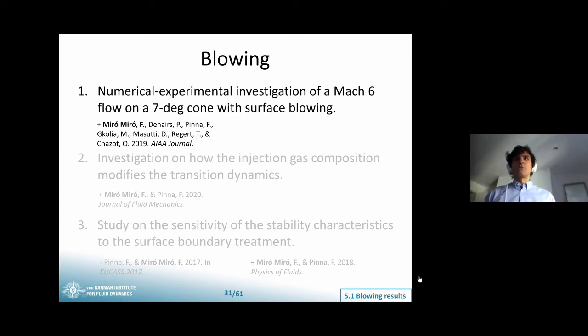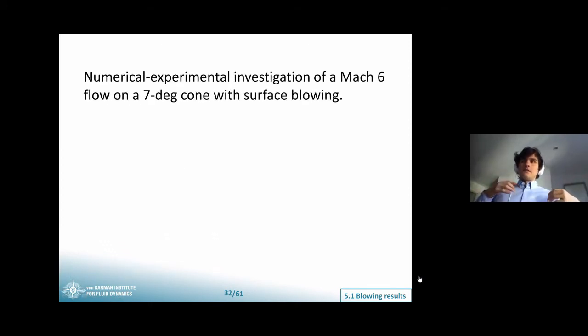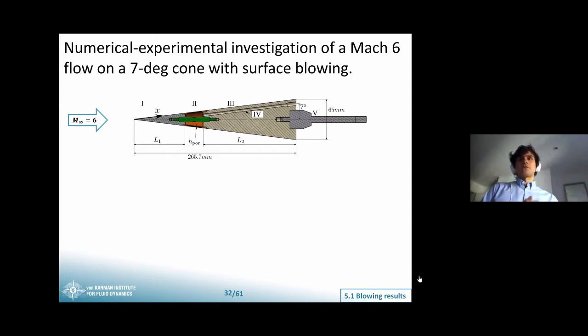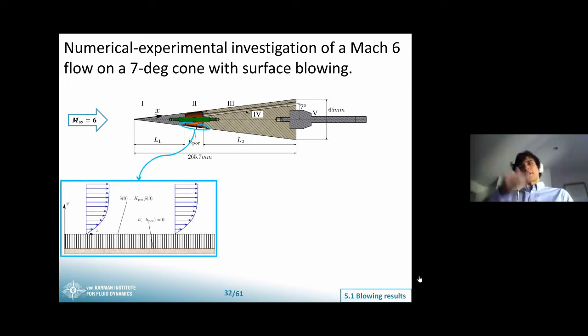So first of all, the numerical experimental investigation. What we did was to provide theoretical support to a series of experiments that were conducted at the VKI H3 wind tunnel, where they basically got a 7-degree half-angle cone and put it in a Mach 6 flow, blowing air through a porous section in the middle of it. This porous section was actually a perforated aluminium with yet another porous layer under it, much finer, which allows us to be sure that none of the waves in the blowing chamber actually reaches our boundary layer.